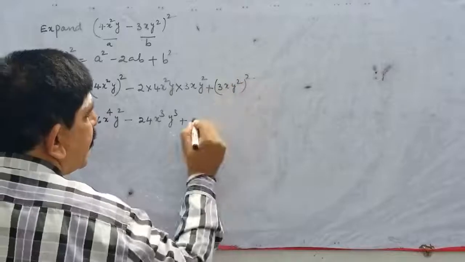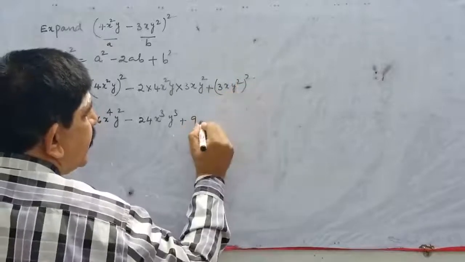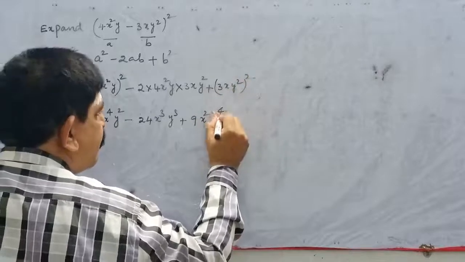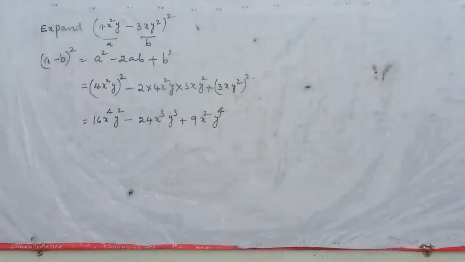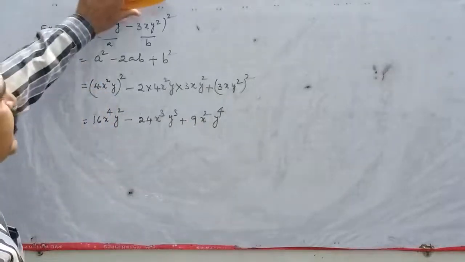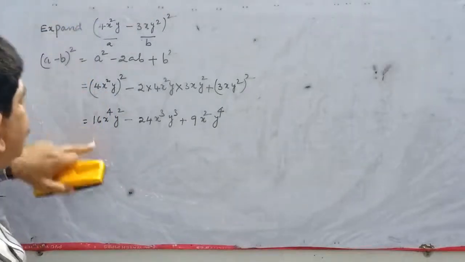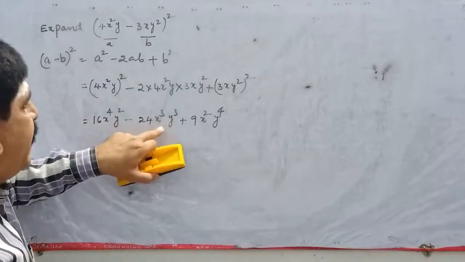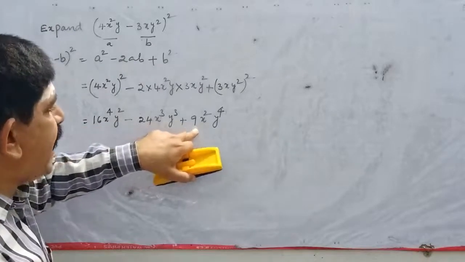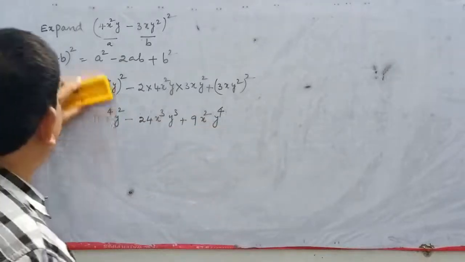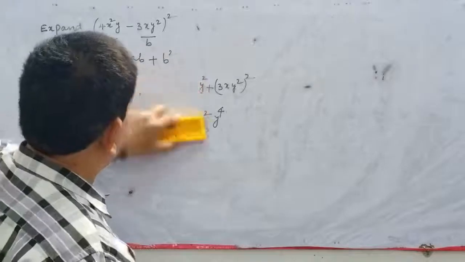So 3 square is 9, x whole square is x square, (y square) whole square is y to the power of 4. The expansion of (4x square y minus 3xy square) whole square is 16x to the power of 4 y square minus 24x cube y cube plus 9x square y to the power of 4. Next one.